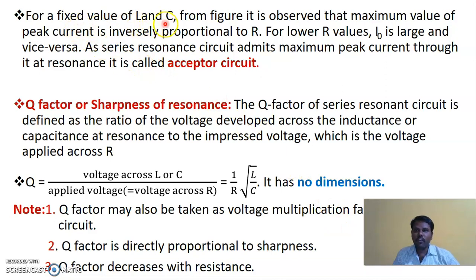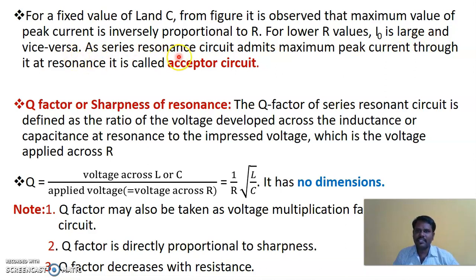For a fixed value of L and C, from the figure it is observed that the maximum value of the peak current is inversely proportional to R. For lower values of R, I is large and vice versa.